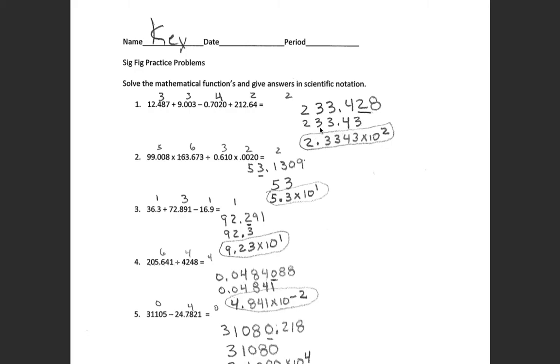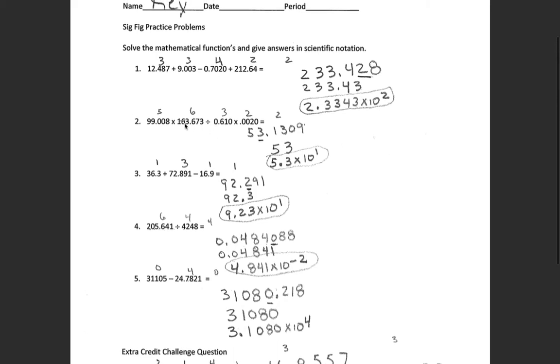And my number has 1, 2, 3, 4, 5 significant figures. So when I move it to scientific notation, I must have 5 significant figures. So when I move this decimal here between a number between 1 and 10, it becomes 2.3343. 1, 2, 3, 4, 5 significant figures times 10 to the second.